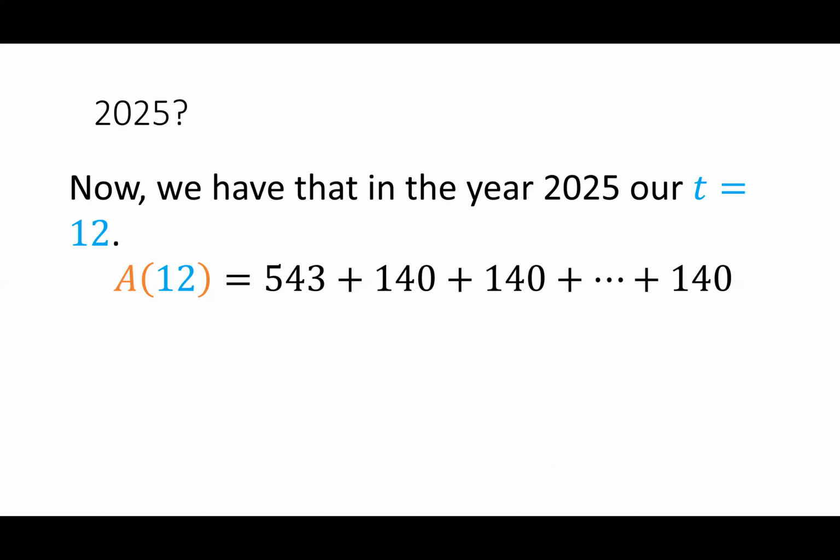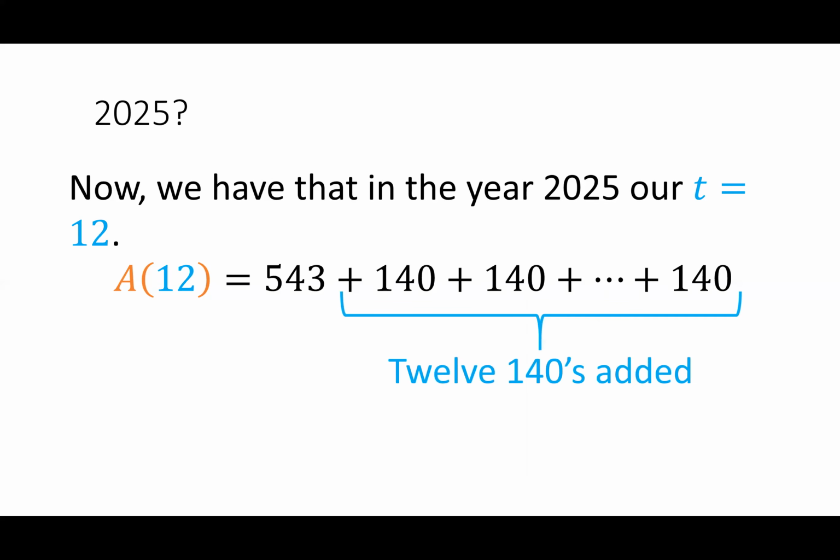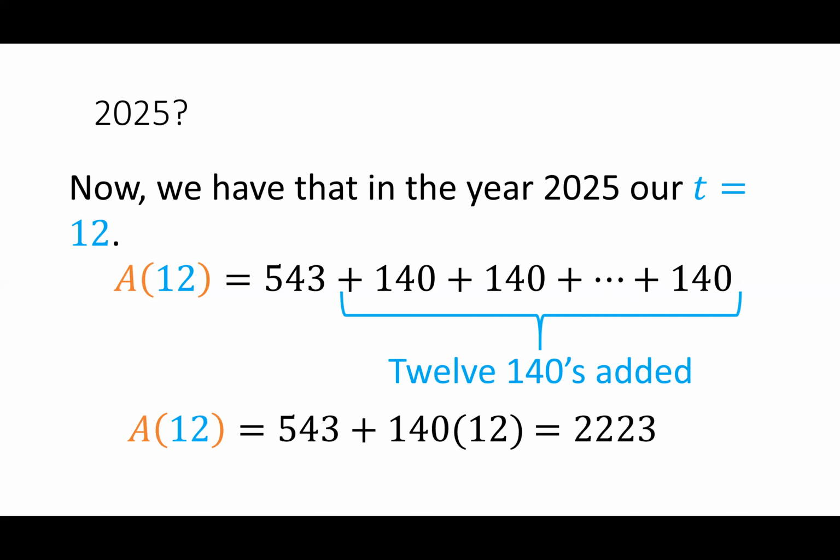If I want to write this out the long way, I could do it like that. But surely I want a more succinct way to do it. If I'm going to add 12 140s, I can think of multiplication as repeated addition. That's really just going to be 543 plus 140 times 12. And to get the short answer of the question, I get 2,223.